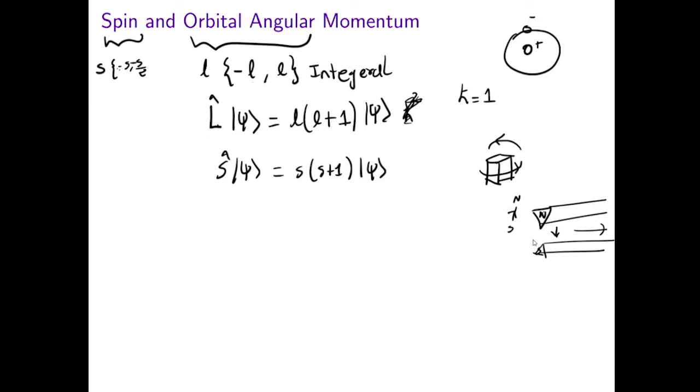But what happened was, when they sent in silver atoms which had no orbital angular momentum, just plain electrons, they still observed that the beam was being split up 50-50. Half of them were polarized upwards, half polarized downwards. That's got to mean there's some intrinsic magnetic property.